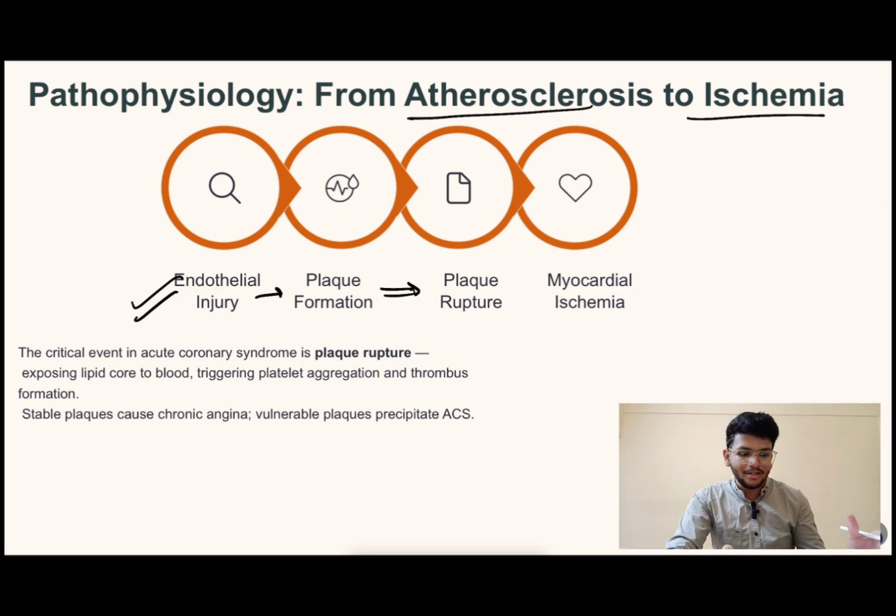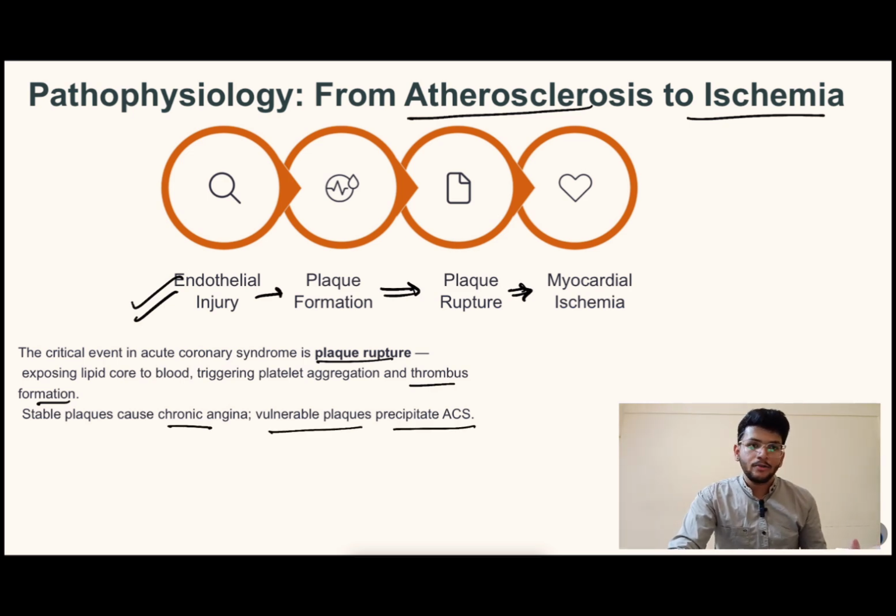This plaque ruptures and causes myocardial ischemia. The critical event in acute coronary syndrome is plaque rupture, exposing the lipid core to the blood and triggering platelet aggregation and thrombus formation. Stable plaques cause chronic angina. Vulnerable plaque causes ACS, that is acute coronary syndrome.